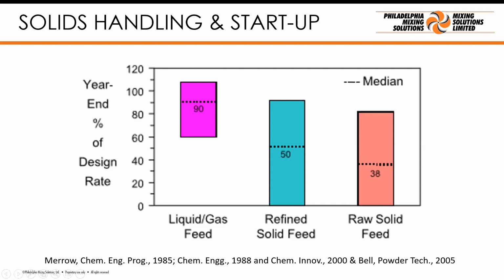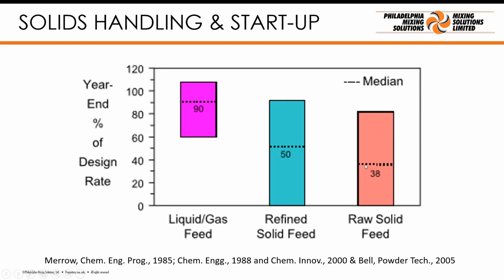If we have a refined solid feed, so we're buying a crystal from another company, we're buying titanium dioxide from Chemours or an ingredient from BASF or Bayer, and we're putting that into our process so we know exactly the particle size and the density that we're getting, the median is 50% and the best is 90%.